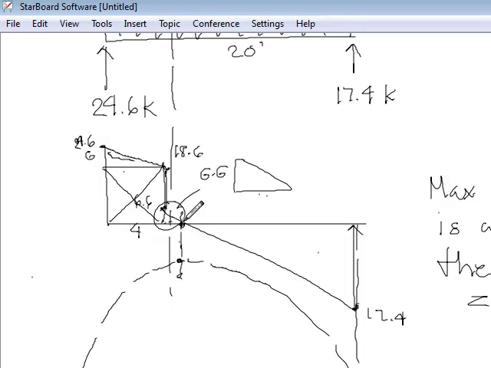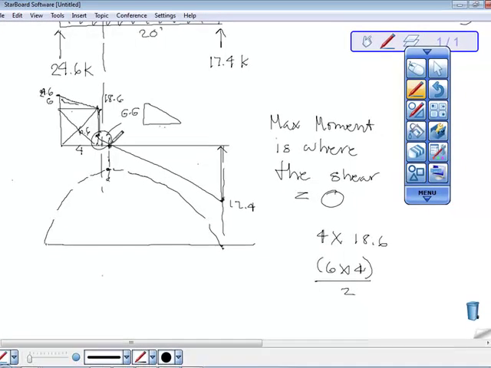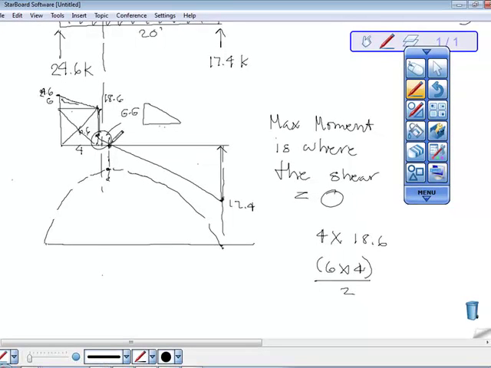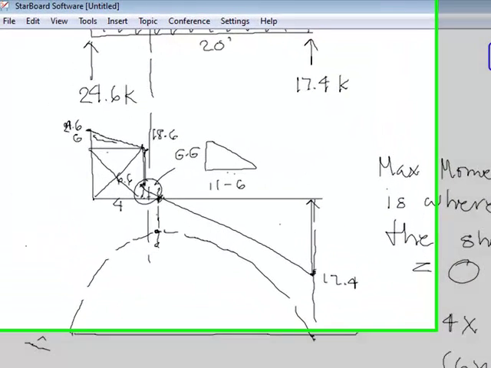If I was drawing it to scale, I know what it is, but I think for the purposes of our exploration, we can scale it, and this distance here is going to be 11 foot 6 inches. So that's from there to there.